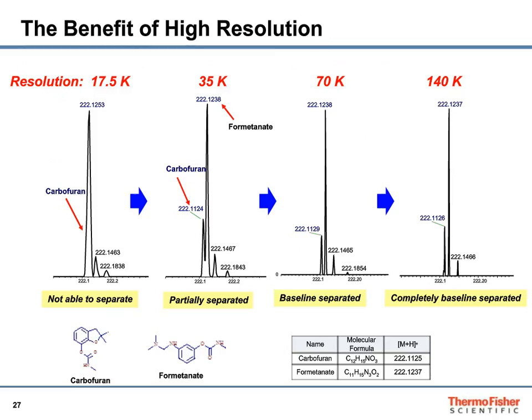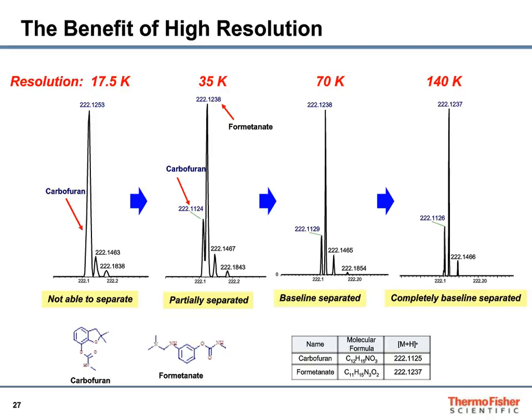Here, just to show you a very simple example of the benefit of high resolution. We have two pesticide mixtures. As we can see, at 17.5K resolution, we are not able to separate these two components. Therefore, you couldn't do accurate elemental assignment either, because the number you got is a mixture, an average of these two compounds.